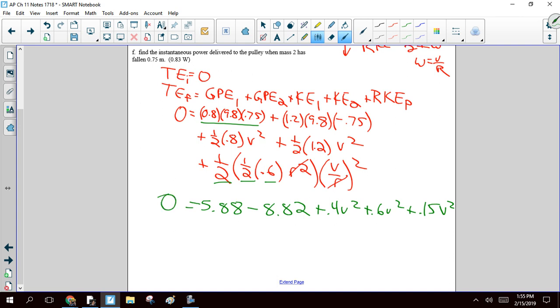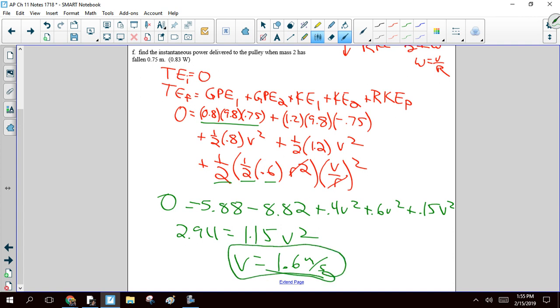Simplify it and you end up getting 2.94 equals 1.15 v squared. Solve for v, and you get pretty close to 1.6 meters a second. It's off by a scotch because of rounding, but that's basically the answer.